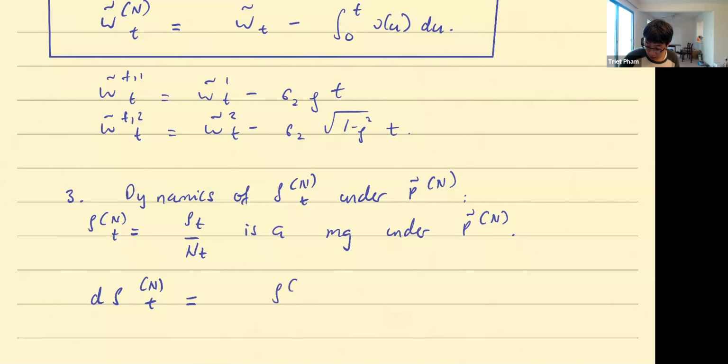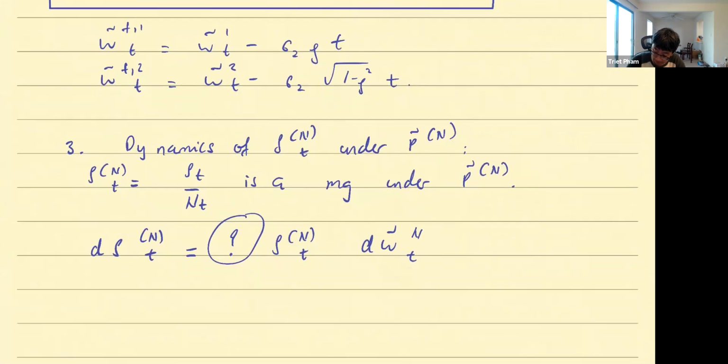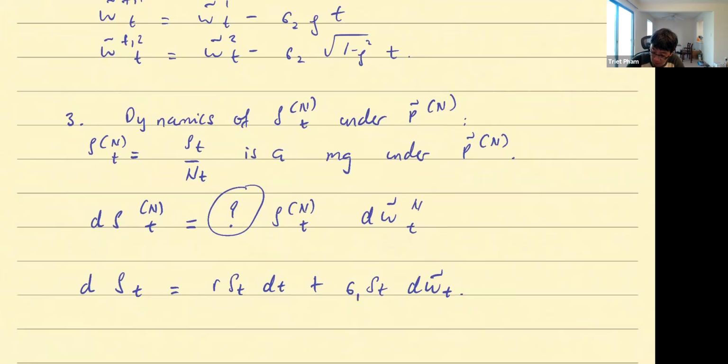It only has the Brownian motion term. Well, the question is, what is in front? Originally, let's say dS_t is r S_t dt plus sigma S_t dW tilde_t, let's say sigma 1.